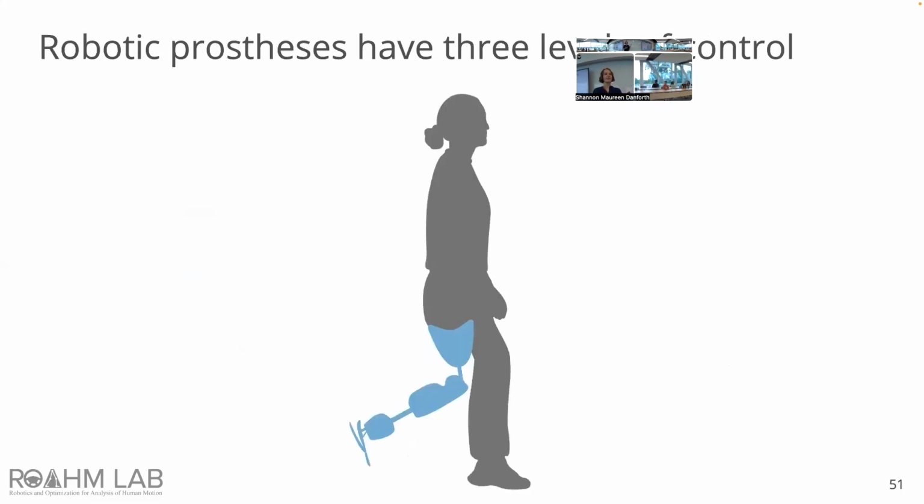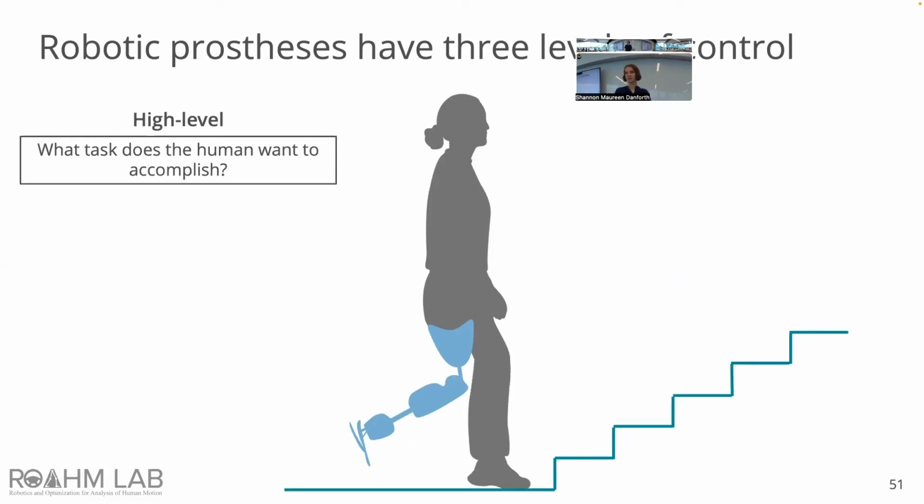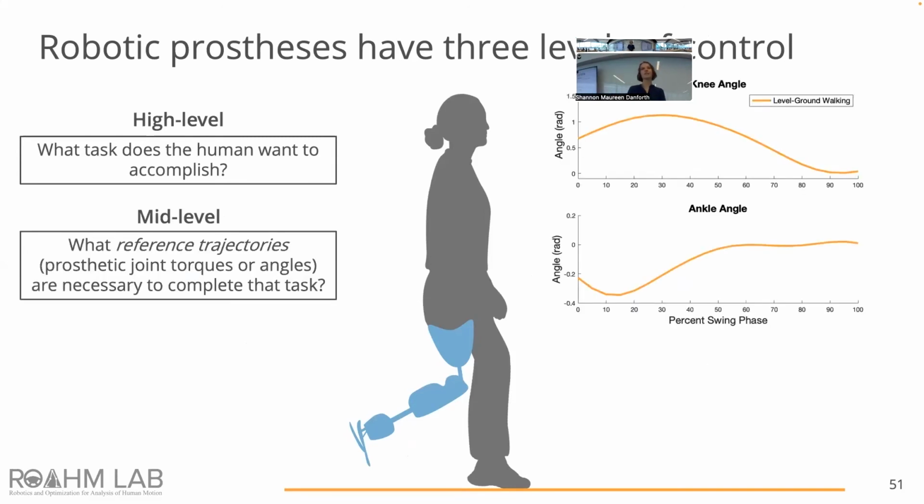So robotic prostheses typically have three levels of control. At the high level, the prosthesis asks, what task does the human want to accomplish? And this could be walking upstairs, or walking on level ground, or sit to stand, etc. At the mid-level, the prosthesis has to know what reference trajectories are needed to actually accomplish that task. And so here, for example, are typical knee and ankle angles throughout the swing phase that are used for level ground walking on a prosthetic knee ankle.